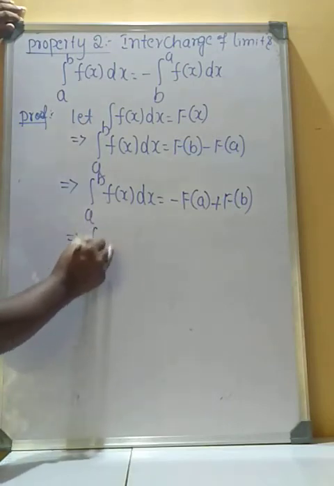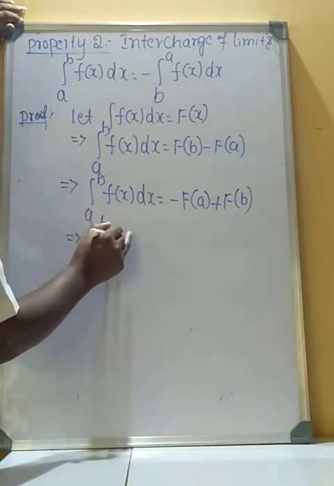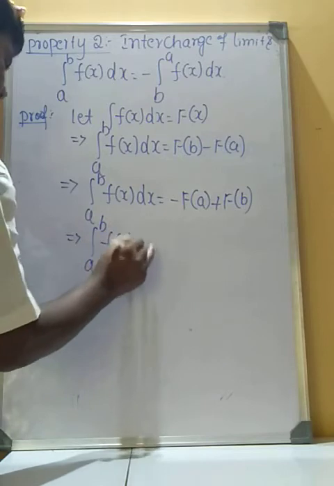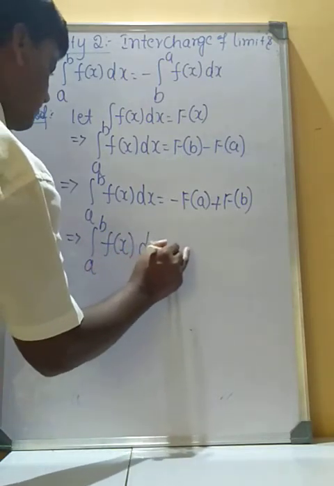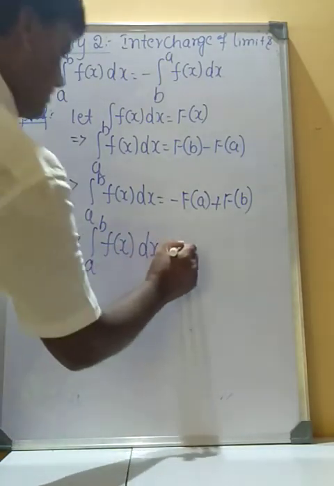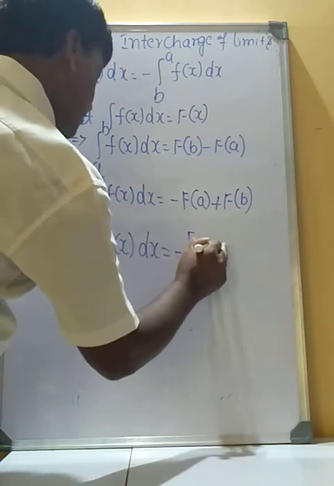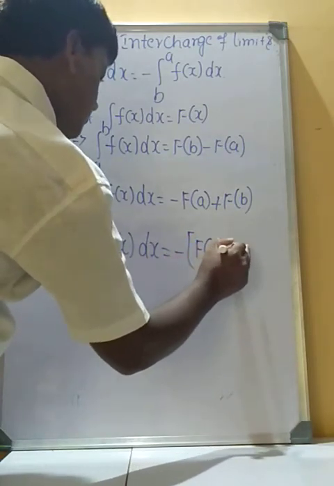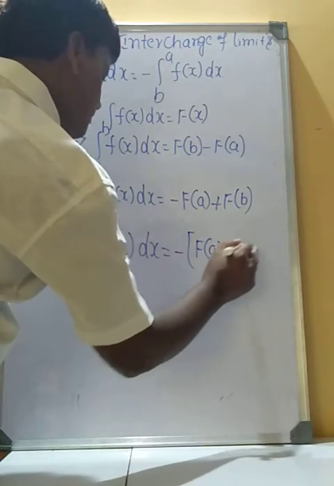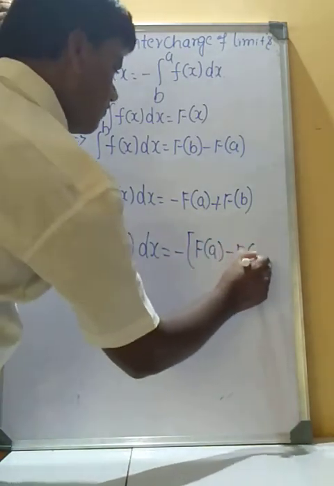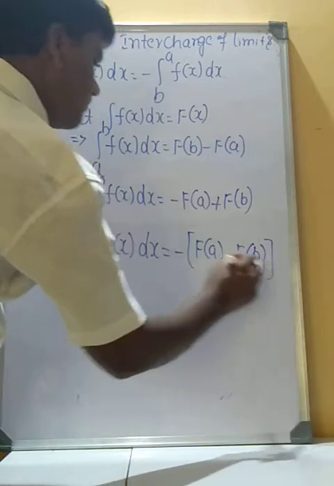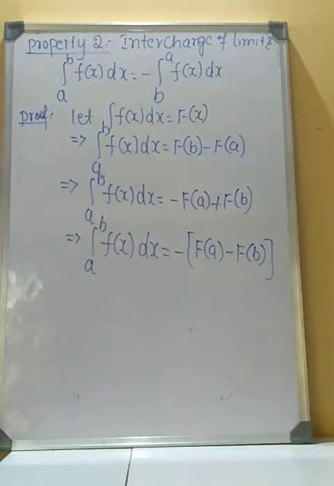Again this implies integral a to b f of x dx equals, taking minus common, minus of F of a minus F of b.